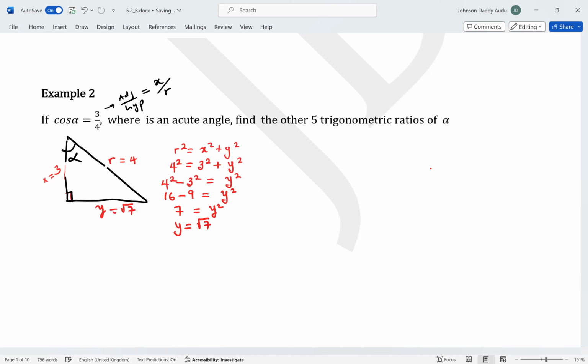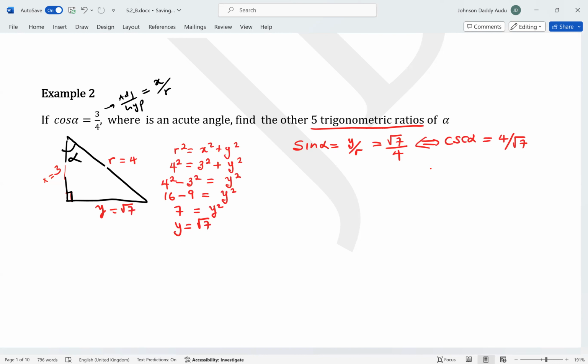So now we can find everything. Remember, we are looking for the 5 other trigonometry ratios. We already have cosine, so let's go for sine alpha. Sine alpha is y over r, which is going to be √7 over 4. Clearly from here, we can get cosec of alpha, which is just 4 over √7.